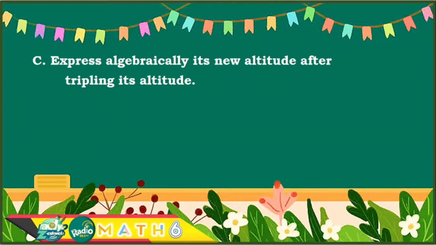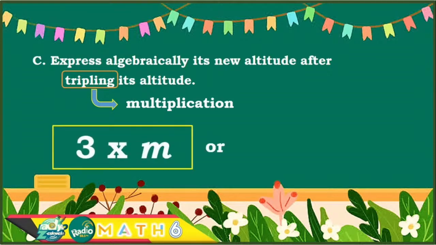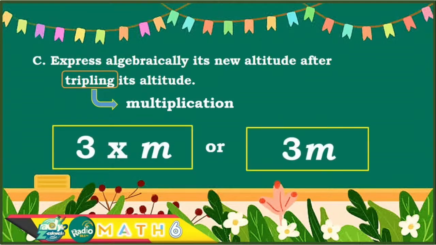Very good. The word tripling is the same as multiplying, which means we will use the operation in multiplication. To represent algebraically the new altitude of the kite after tripling its altitude, we have 3 times m, or 3m.